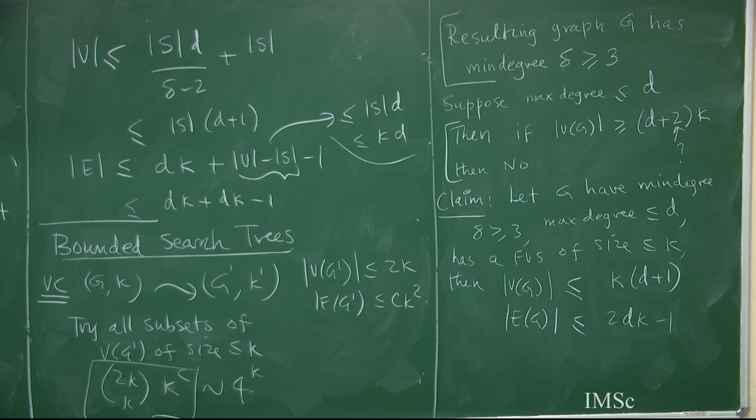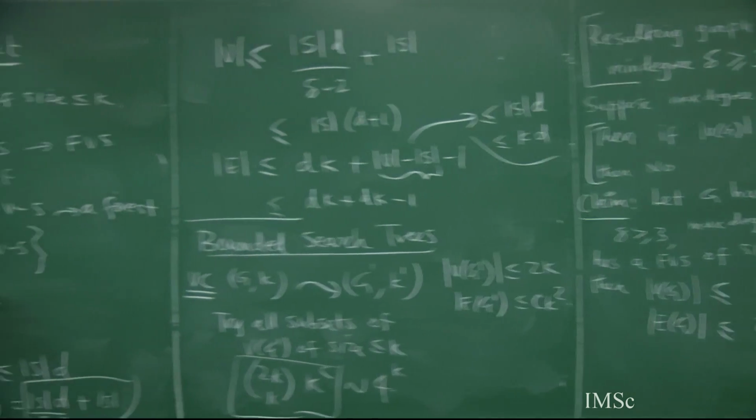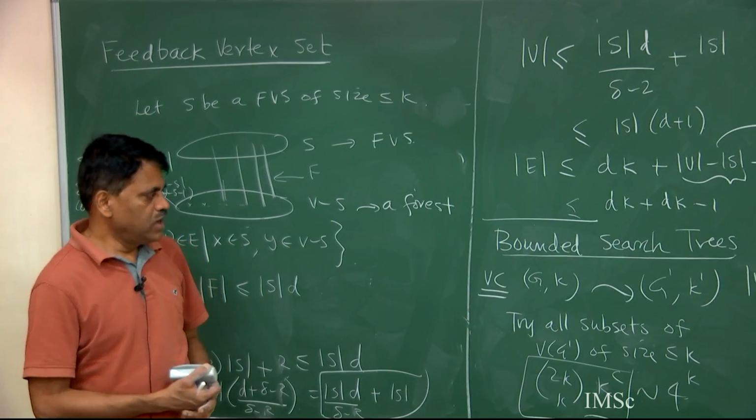So you have an algorithm whose running time is some 4 power k times polynomial in n to answer the question, is there a vertex cover of size at most k? But can you do better? This is one approach through kernelization, but can we do better?